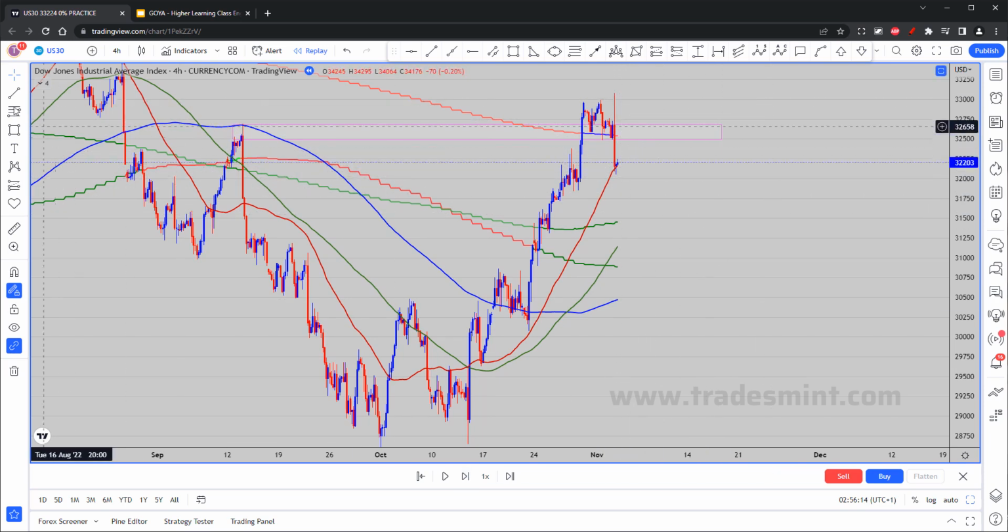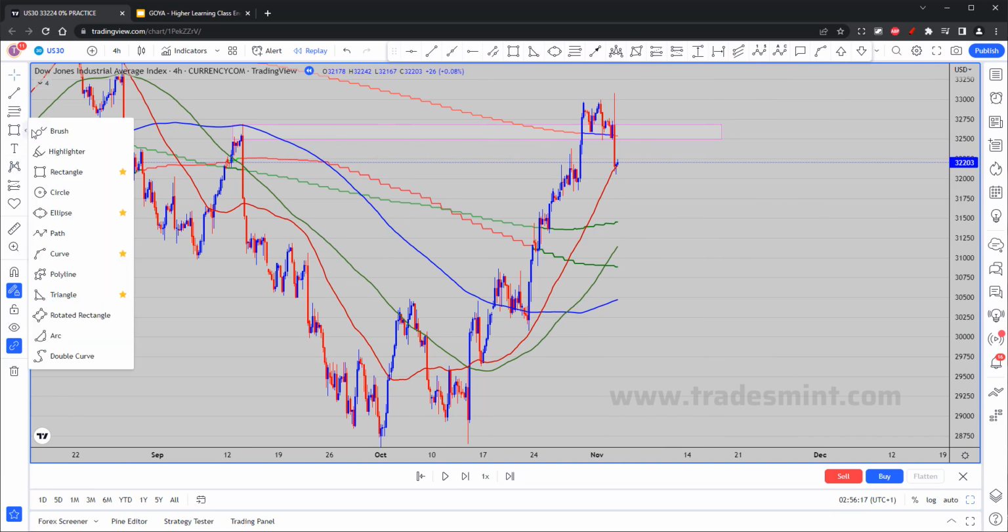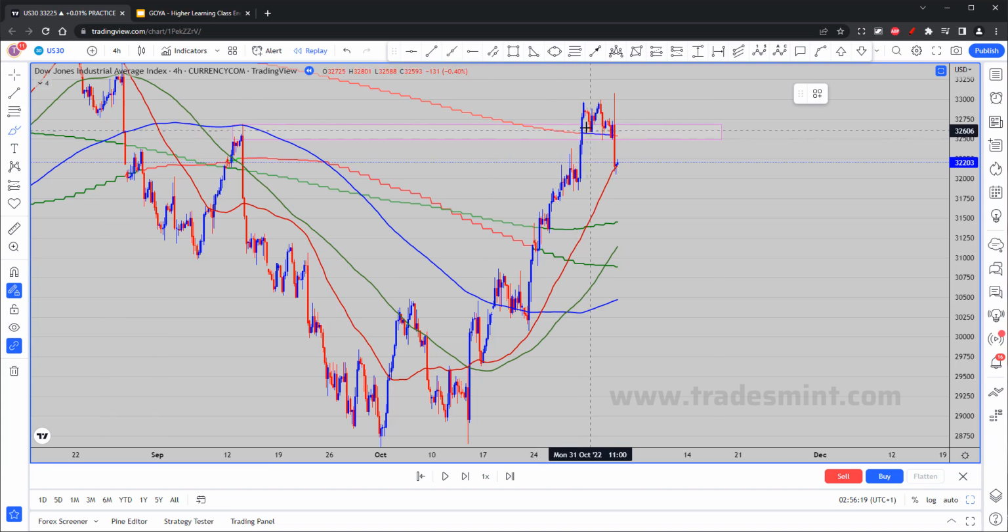So basically here, if I take my brush tool, we have broken this level, made a double top, consolidated in this area, made a wick probably on a news event, and came back below. We're currently on this 50 MA on the 4 hours supporting the level, okay?